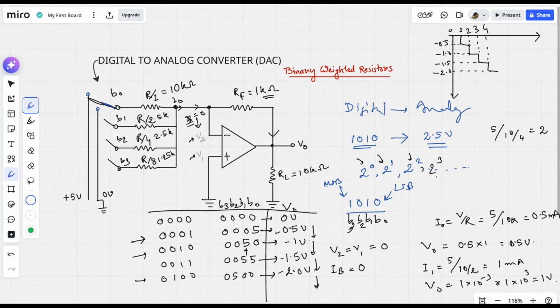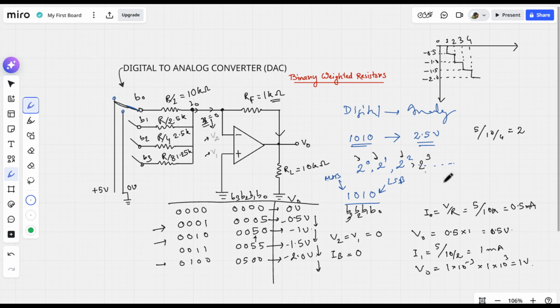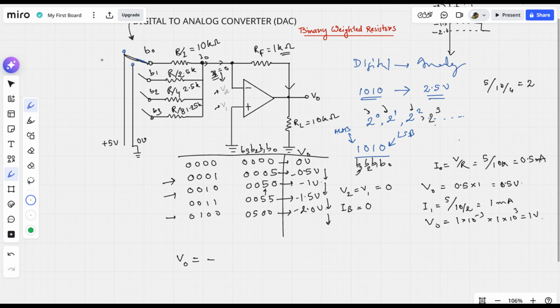Okay. So now this sequence can be generalized and can be written using a formula. The output voltage is given by a generalized formula, which is minus RF by R1, as we remember, because we are considering an inverting terminal. So RF will remain outside and, as we know, the value of R1 is different for all the cases.